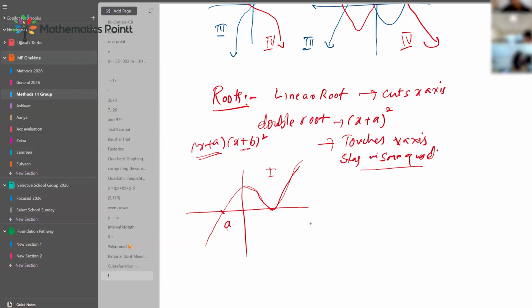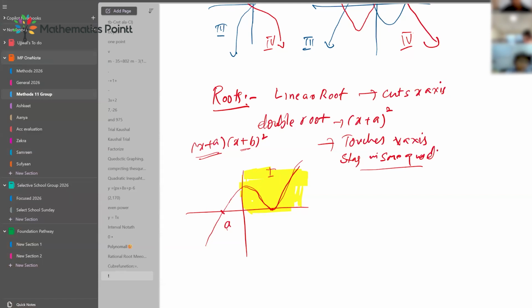One very important observation is, if you just look at the shaded portion that I've just shaded, what exactly does this look like? Is it not a parabola? It's a parabola, right?